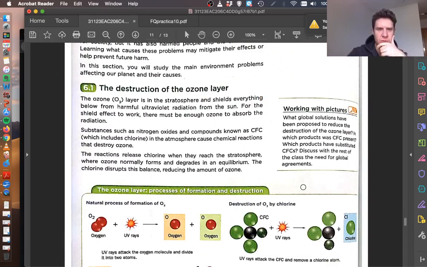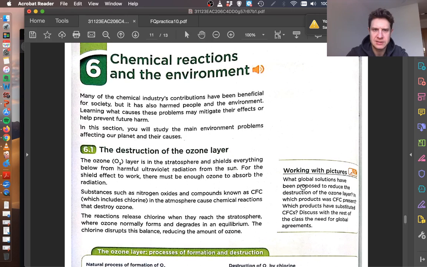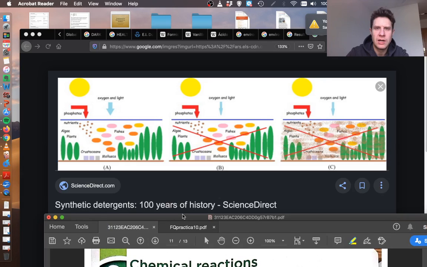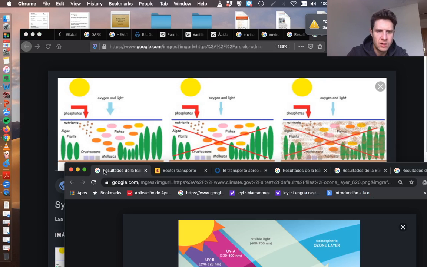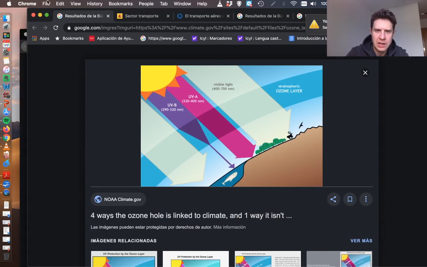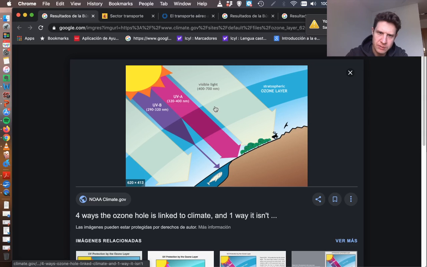And I'm going to talk about this last point, the destruction of the ozone layer. So I have here how the ozone layer works. Okay, this is the visible light, so we cannot see... oh my God, the ozone layer is blocking the light.